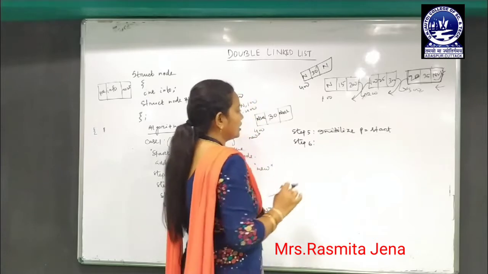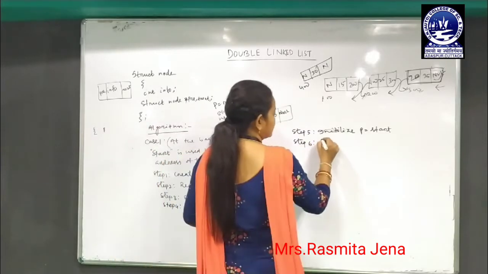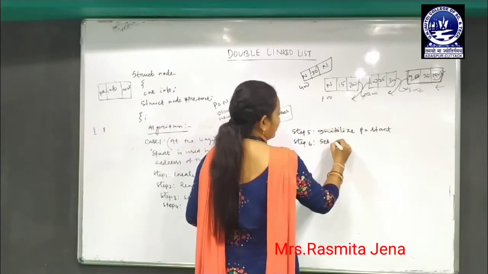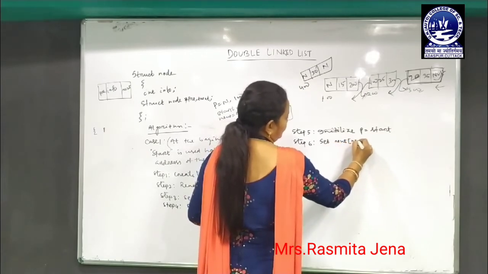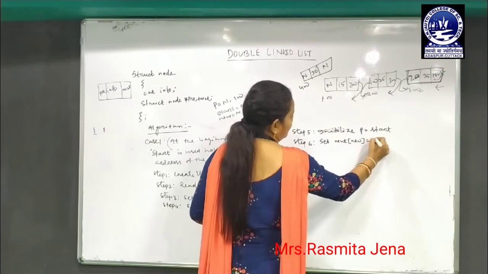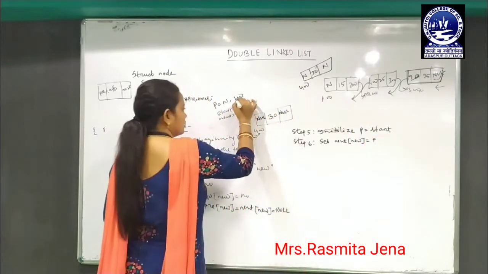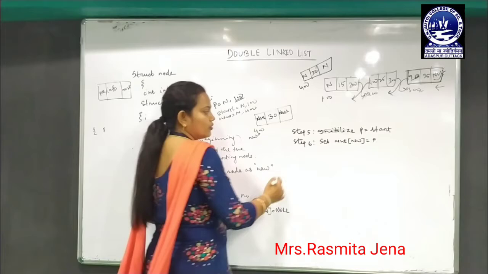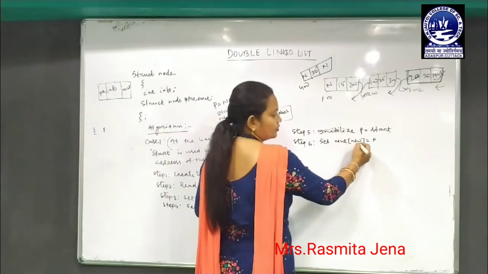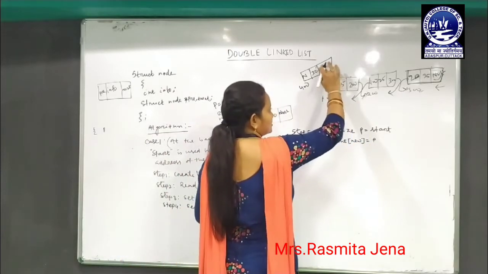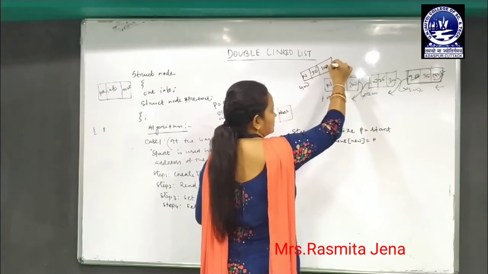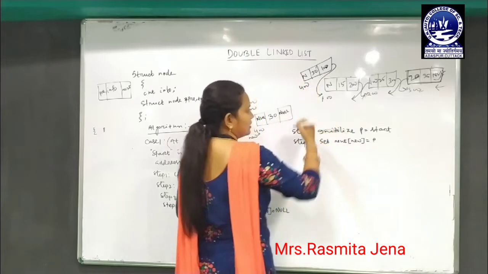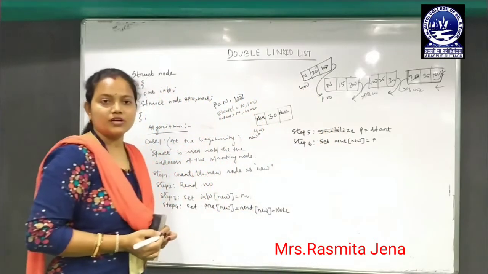So for that I will write set next of new equals to p. You can see p contains 100. When I write next of new equals to p, the next part of new will be set as the value of p, that is 100. When I set this, this will point to the first node.